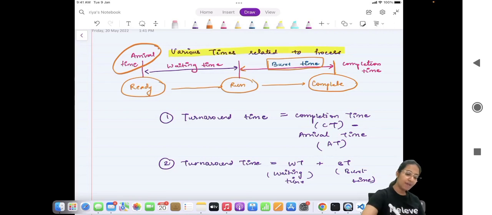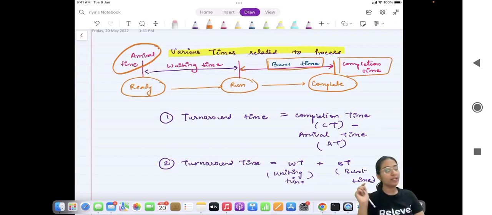Then we have the completion time. It's basically a timestamp, the time at which the process enters into the completion or the terminated state. Turnaround time is nothing but the total amount of time spent by the process right from its arrival time to its completion time.